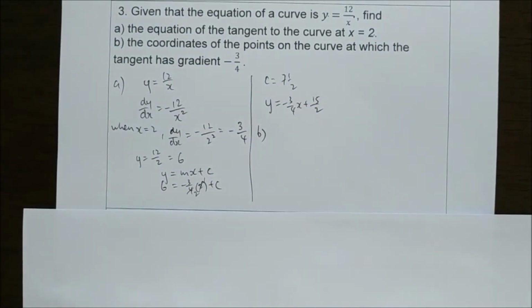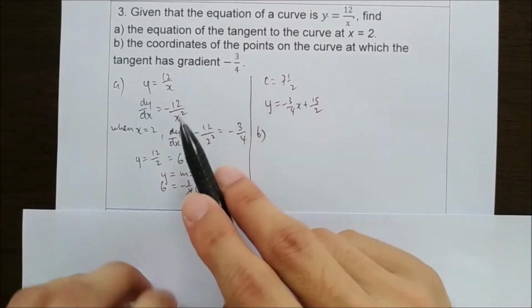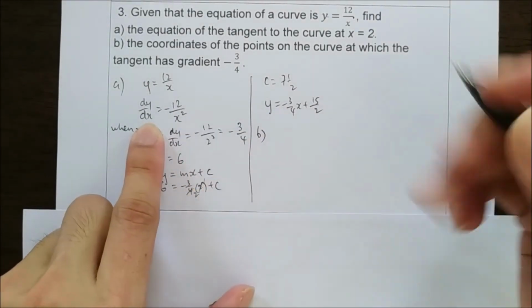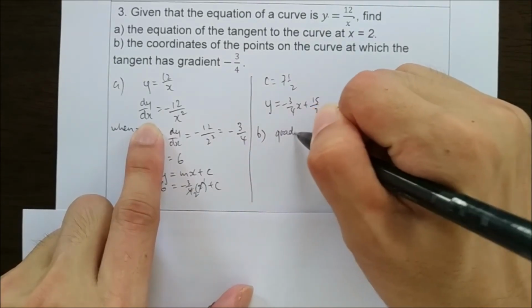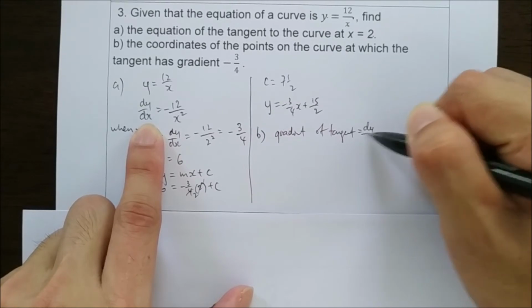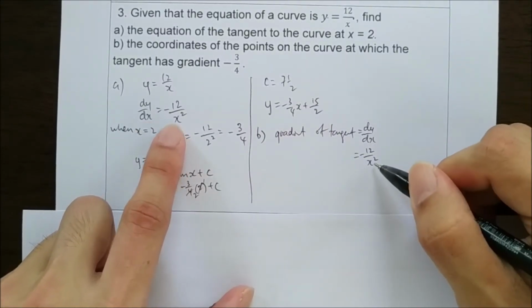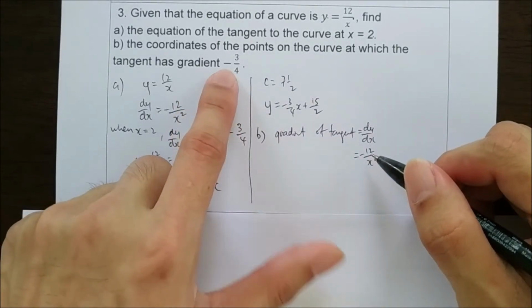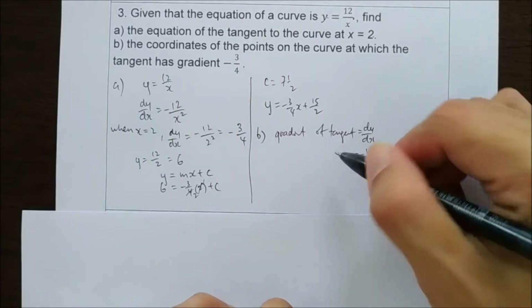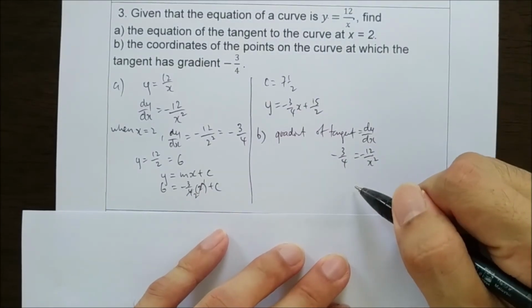For B, you are given the gradient of the tangent is -3 over 4. So I write here, gradient of tangent, which is dy/dx, is -12 over x squared. And this is given as -3 over 4. So -3 over 4 equals this. From here, we find the value of x.